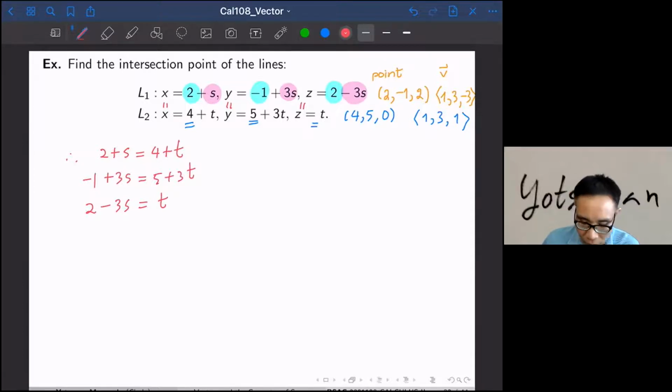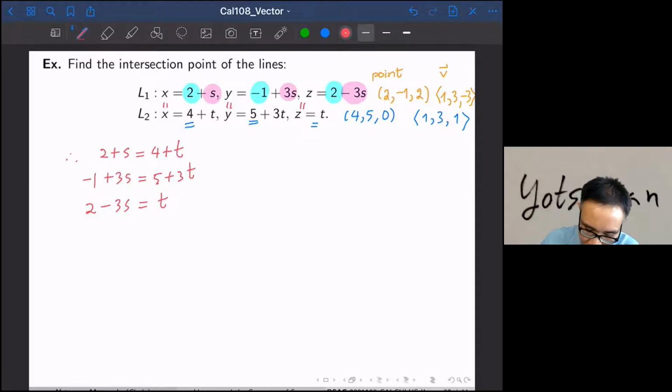So this is how you find the intersection point. If you are able to solve for s and t, the lines intersect. However, if you are not able to find s and t that satisfy these three equations simultaneously, the lines do not intersect.